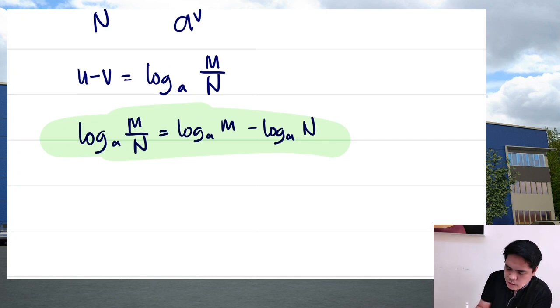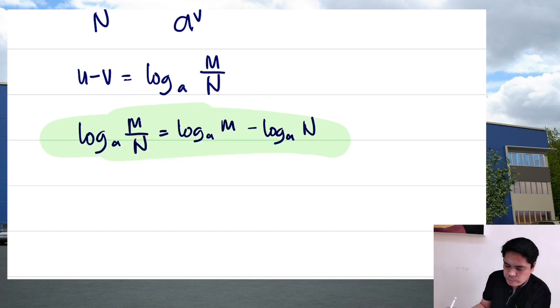To summarize, the logarithm of a quotient is just equal to the difference of the logarithms. So, the logarithm of m over n to the base a is just equal to the logarithm of m to the base a minus the logarithm of n to the base a.